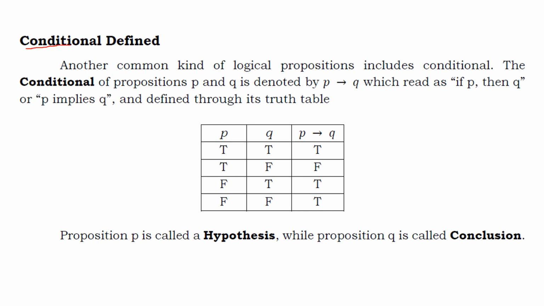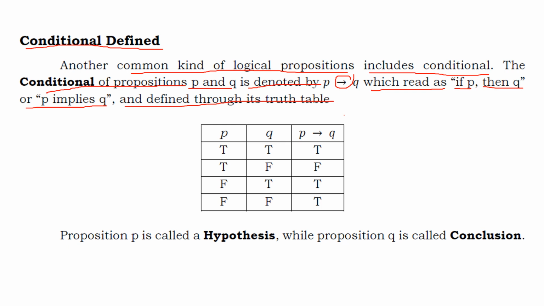Let's deal now with your conditional defined. Another common kind of logical proposition is the conditional. The conditional of propositions P and Q is denoted by this symbol, which is read as if P then Q, or P implies Q, and defined through its truth table here.